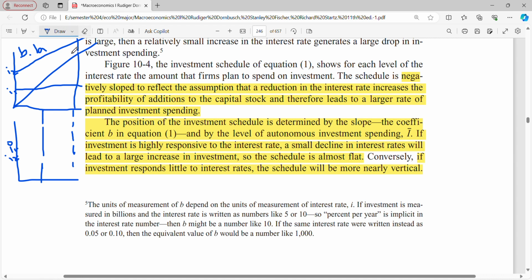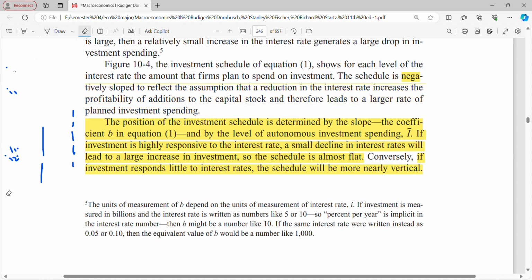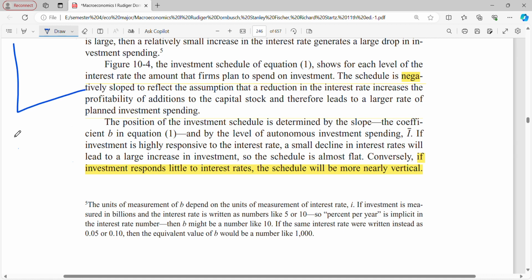And when B is less, the converse will happen. So first the interest rate was here, then we had the investment somewhere here, then the interest rate decreased this much.